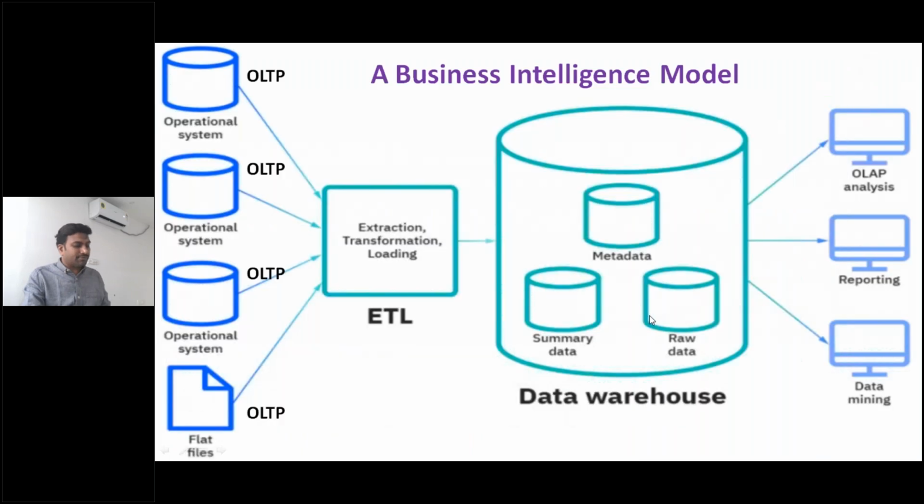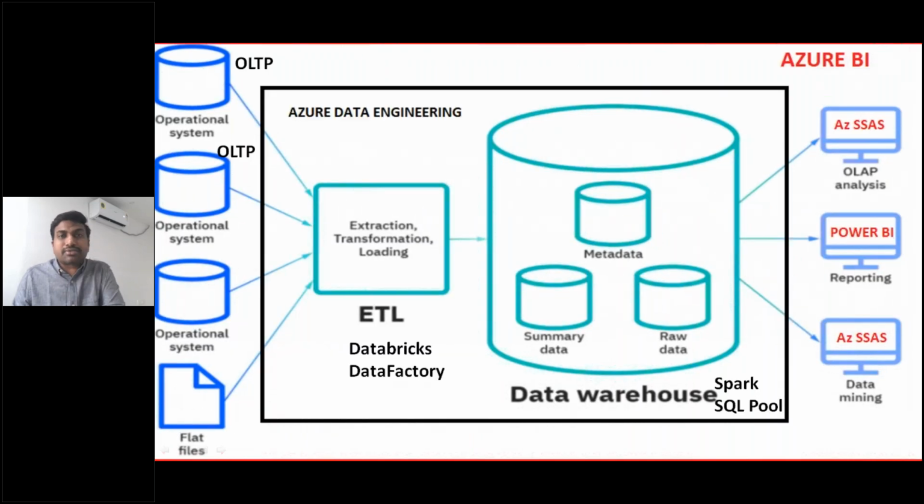Back to our screen again. From here come our job roles. We have OLTP on the left side. ETL and data warehouse, in the middle, are called data engineering activities. Then Power BI and analytics are data analyst job roles.